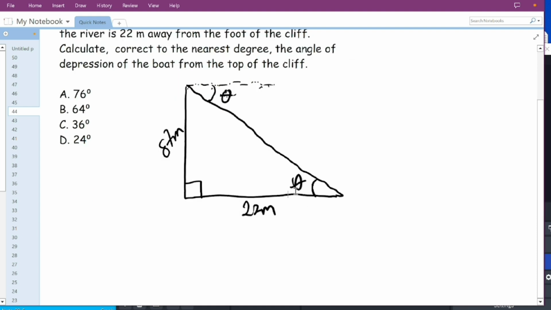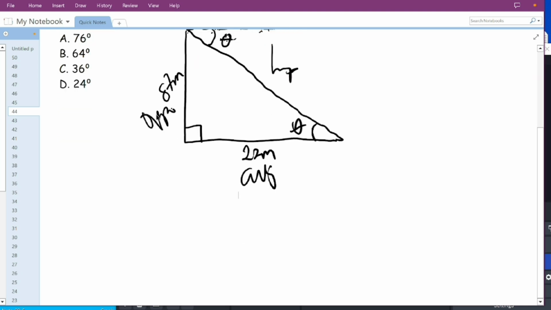So we'll solve to find the angle, and this is where Pythagoras Theorem comes into play. Now we're looking for the angle, and the line facing the angle is the opposite. The line facing the 90 degrees is the hypotenuse. And the last is the adjacent. We've been given the opposite and the adjacent, and we're asked to find the angle.